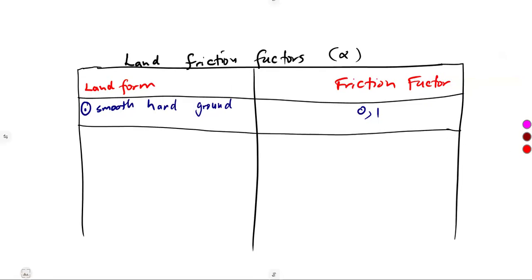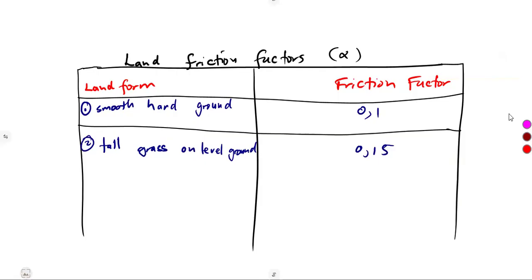All right. Then we also consider a landform where there are tall grasses on level ground. So this one is 0.15.